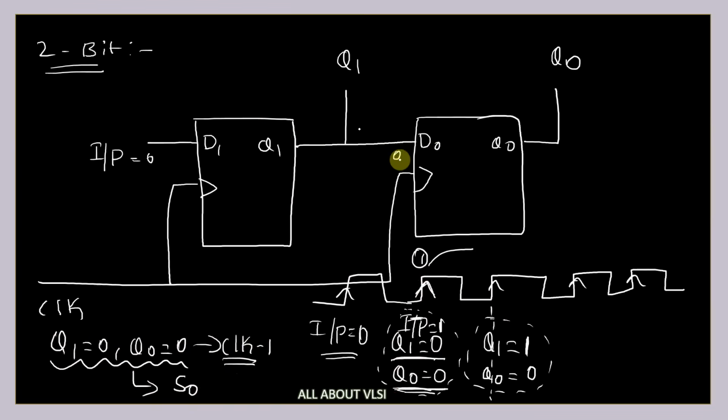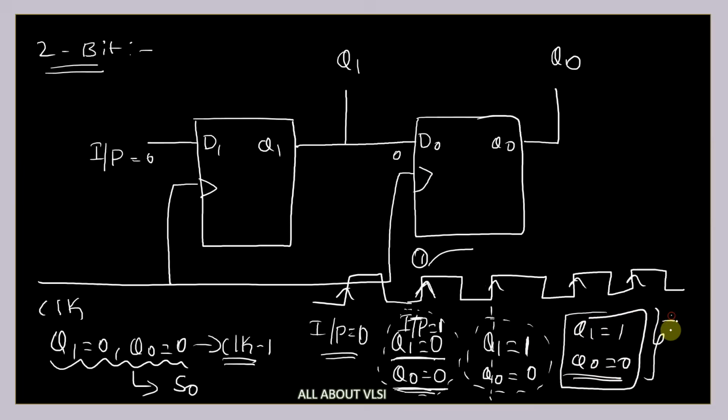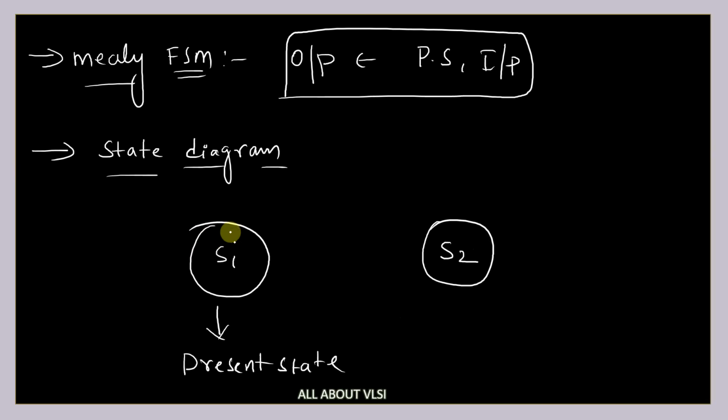Now, let's say this flip-flop has changed its state, and in the next state we get Q1 equal to 1, Q0 equal to 0. So instead of writing that the output of the first flip-flop is 1 and the output of the second flip-flop is 0, we represent this diagrammatically as the S1 state. That's it. So if you find S1, then it is some output of the flip-flops. And if you find S2, then it is the present state of your flip-flop.